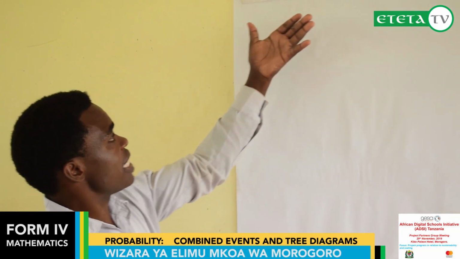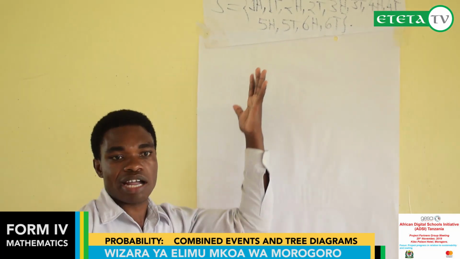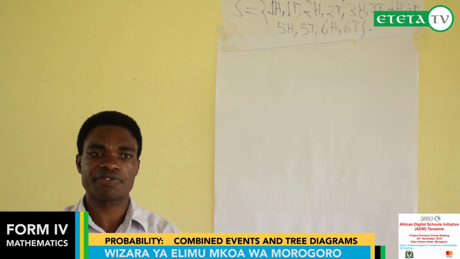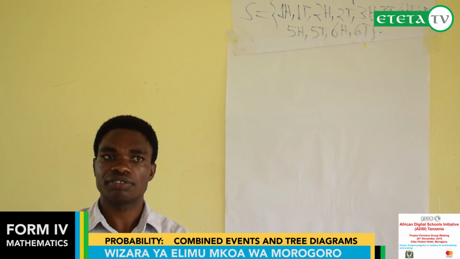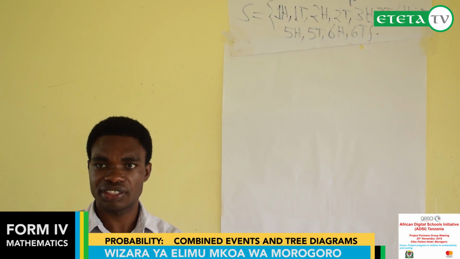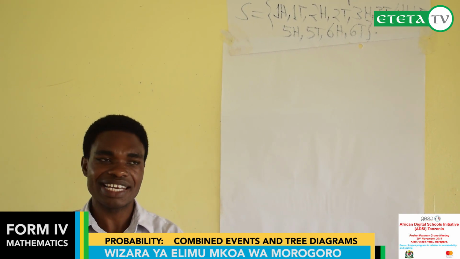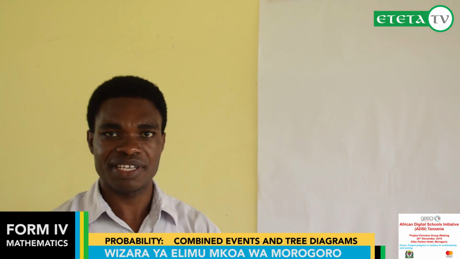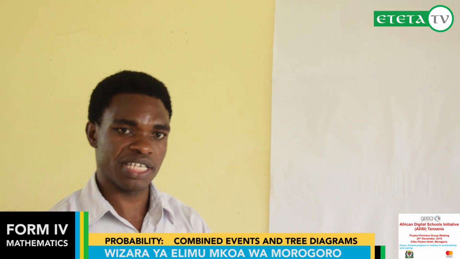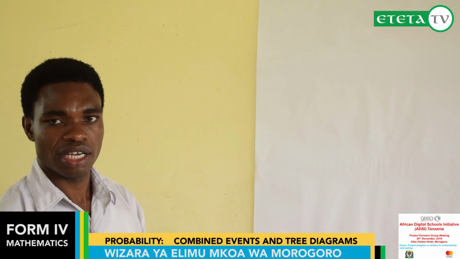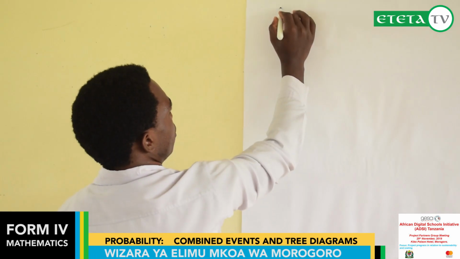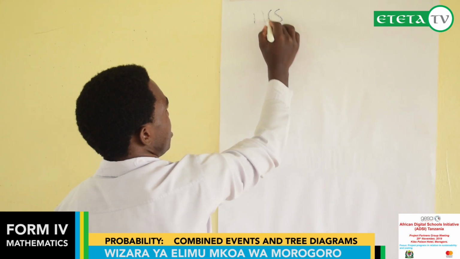Yes, our sample space is this one, but according to our question, we are also required to find the probability of the event when a head and a number less than 3 appears. Then because we are going to deal with probability, we must know the number of elements of the sample space. And here we use n(S).